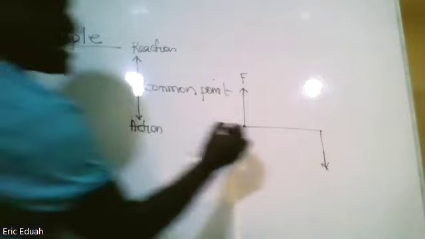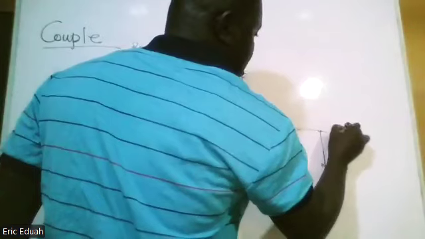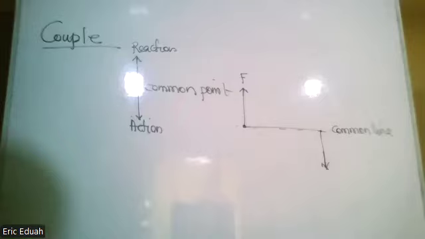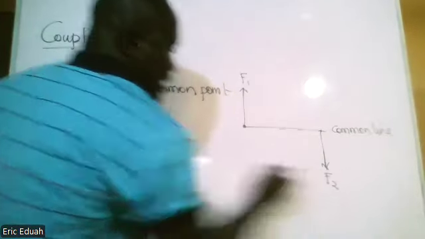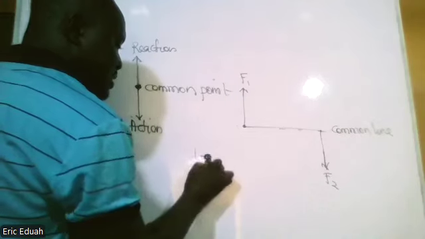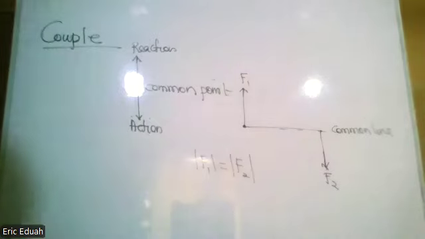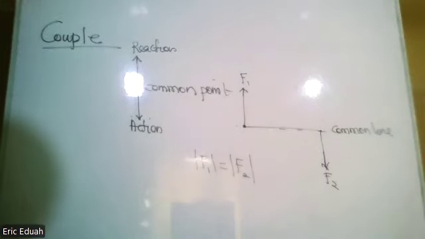So here they are acting at a common line, but at different points. When you have two forces such that their magnitude is the same, but they act at different points on a common line, it creates a couple system.